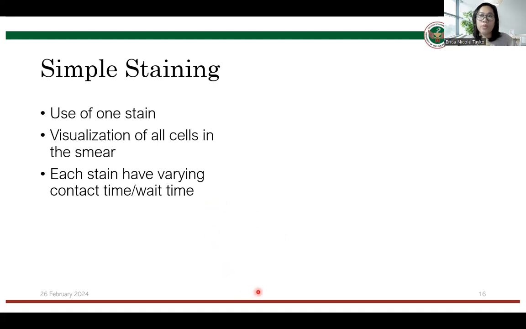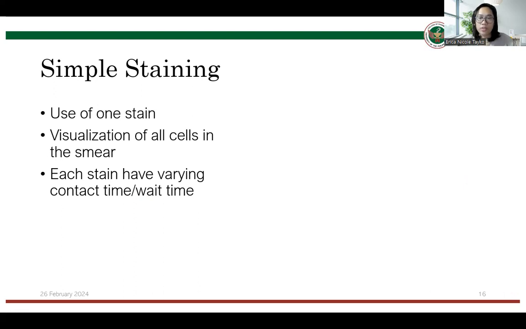So when you use the different stains for simple staining, you just have to take note of the varying contact time that you need to make the stain properly adhere to your bacterial cells. You just have to review it. Crystal violet, usually it's 1 minute. Carbol-fuchsin, 15 to 30 seconds. Methylene blue, around 1 to 2 minutes. And safranin, around 30 seconds.